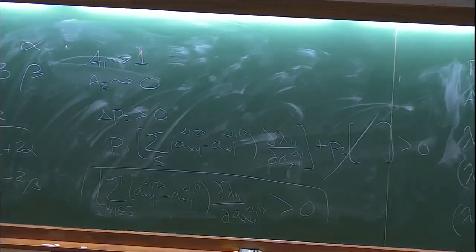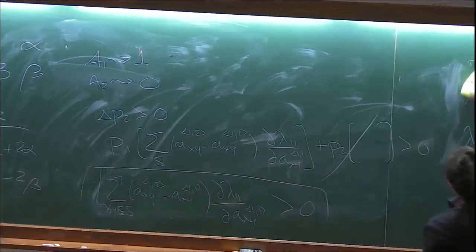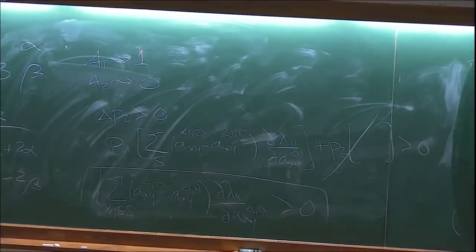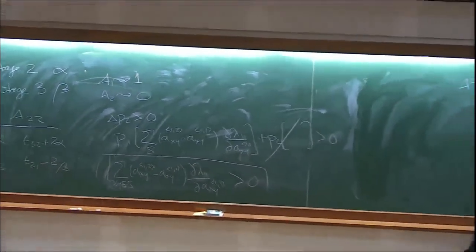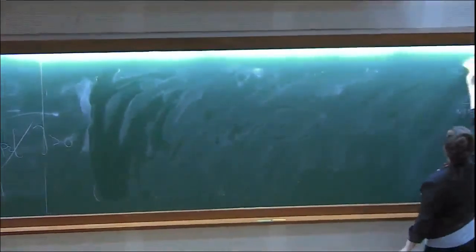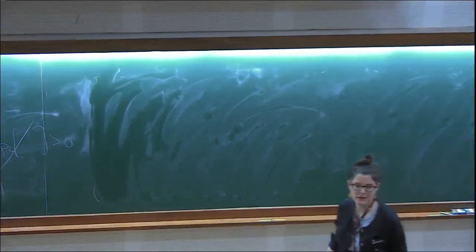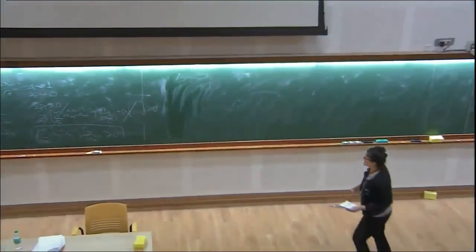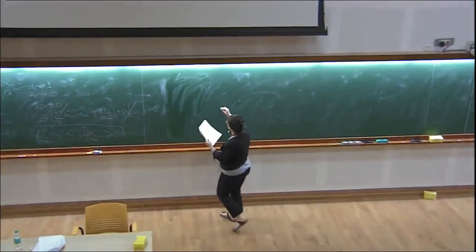So does anyone remember how we find the sensitivities? Yeah, maybe from the beginning of lecture? The equation I had a mistake in. So there's 2 sensitivities we need.